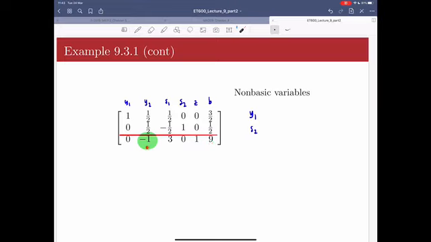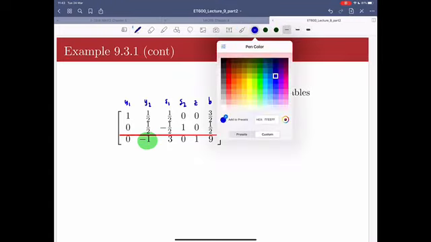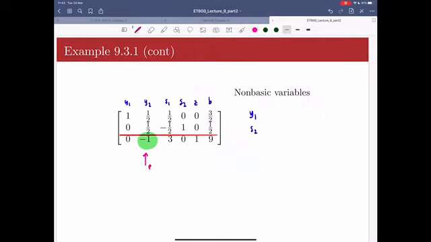The most negative entry is -1, so the entering variable is going to be your y2. So I'm going to write "entering," or you can put a note saying that y2 is the entering variable.